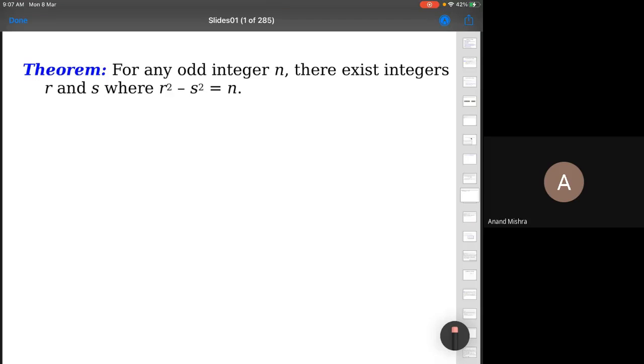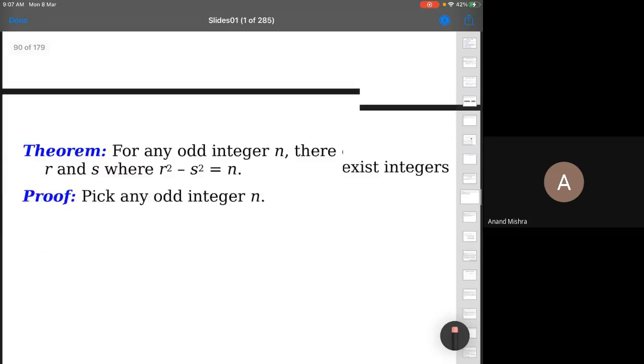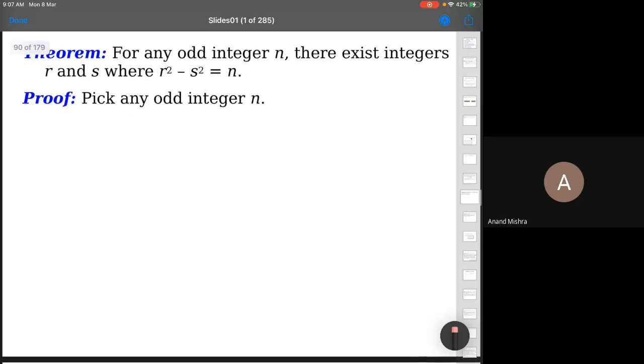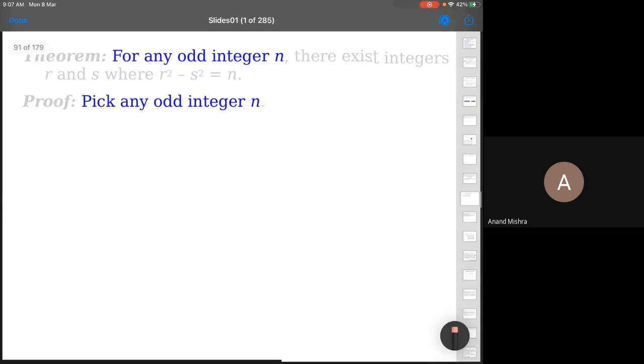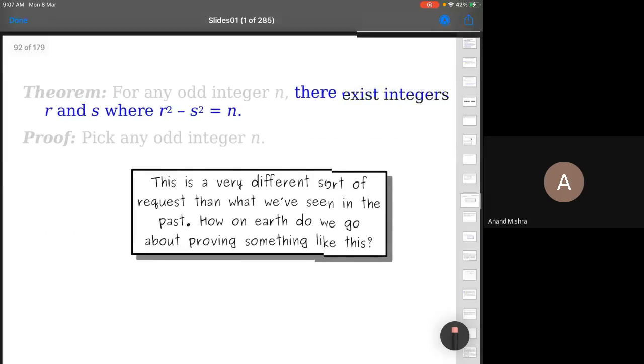All right. So we have this theorem which says that there exist integers r and s, that means it is not true for any r and s. So how do we prove it? Let's look into it. We can pick any odd integer n, because it is saying for any odd integer n. So that's why we pick any odd integer.